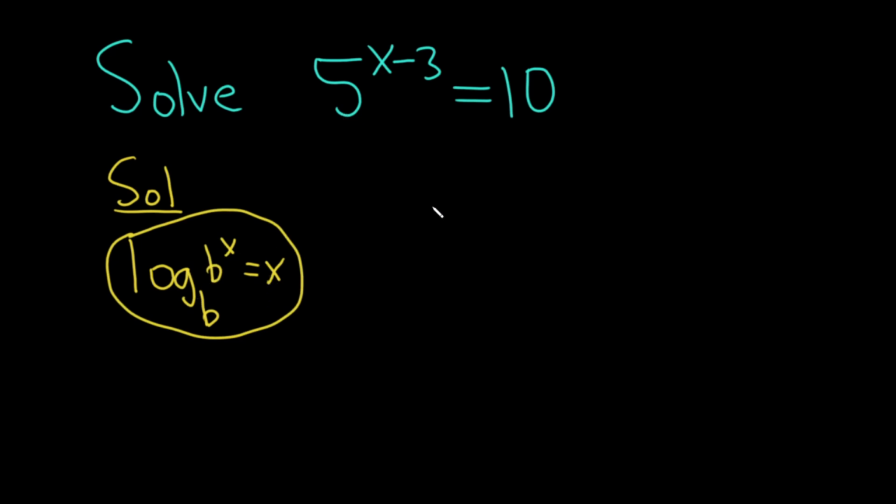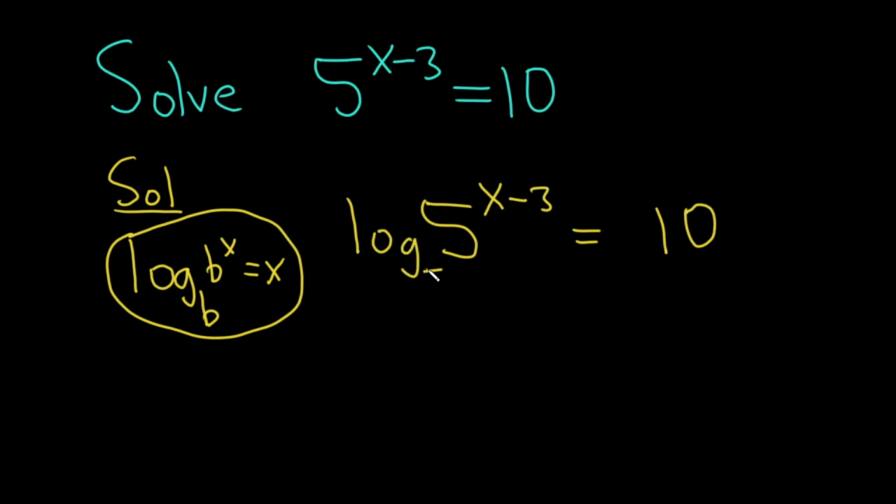So here there's a 5. So we'll start by rewriting our equation. So 5 to the x minus 3, and that's equal to 10. Notice I left some room here. That's because I'm going to now take the log base 5 of both sides. And the reason I'm using 5 is because the base is 5. Log base 5. You see, now we can use the formula because they match. So it basically cancels.